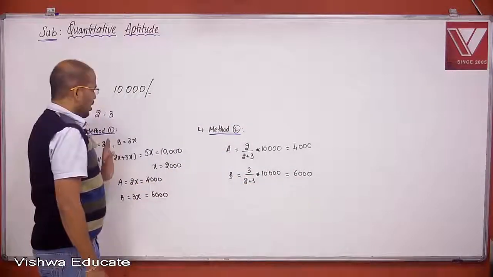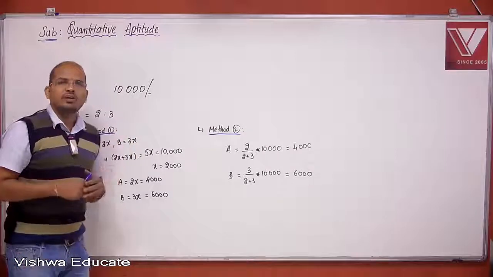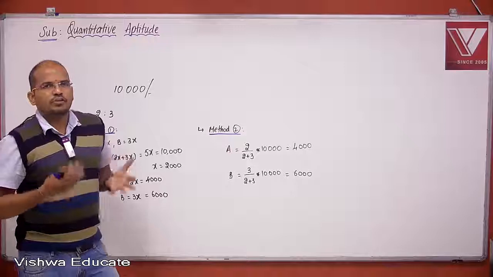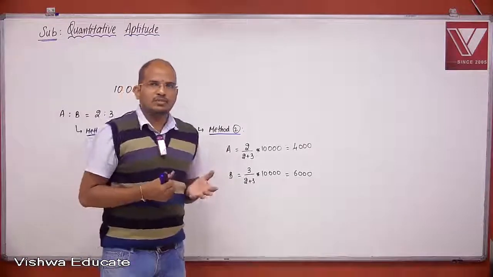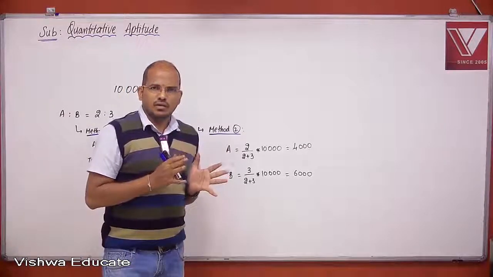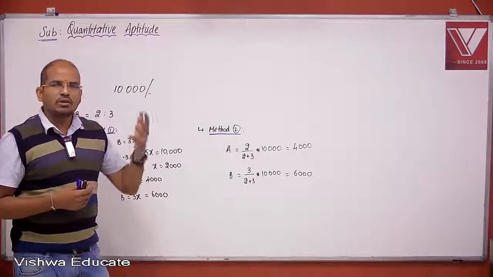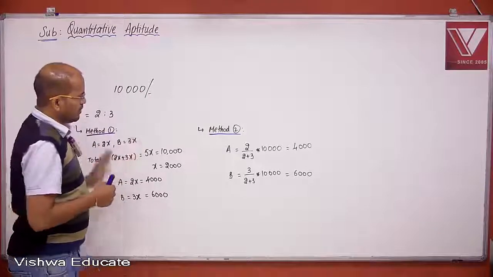So approach may be different, but the final conclusion will be one and the same. People frame concepts from the basics, so learn the basics. Clear? If you learn this method, you can do things without pen paper. You can calculate them fastly. So please copy it down.